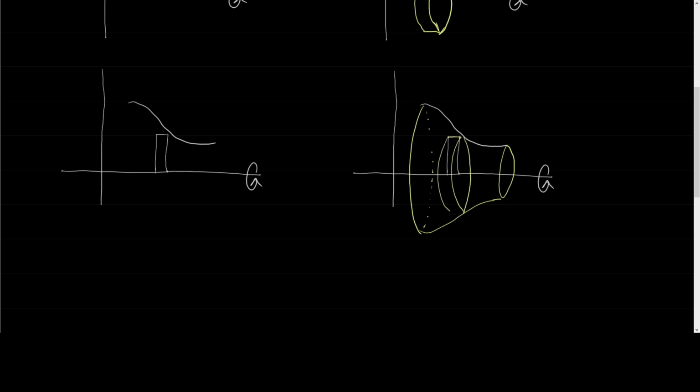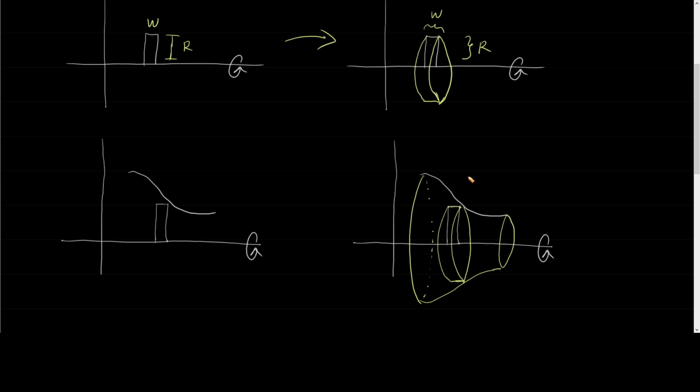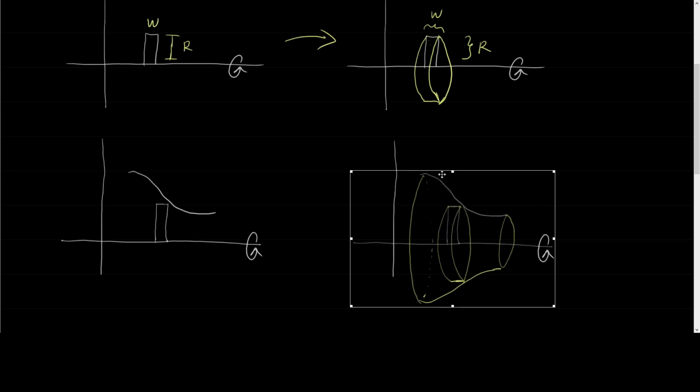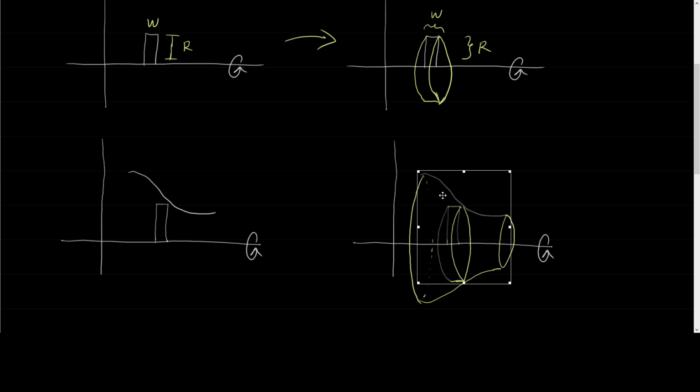And the idea here is that this disk in the middle is just a representative disk out of all the possible disks here, right?